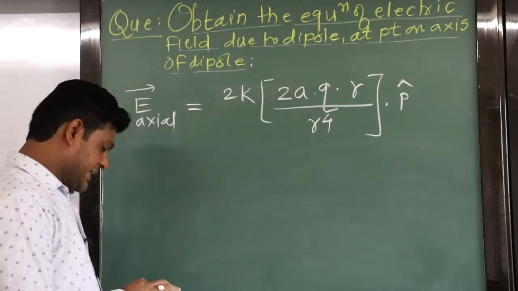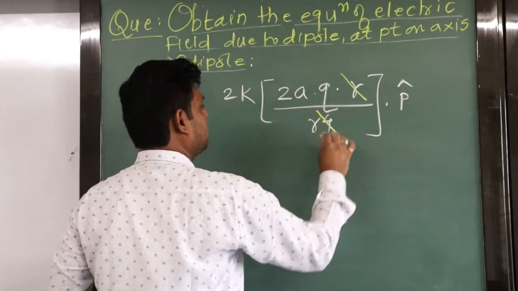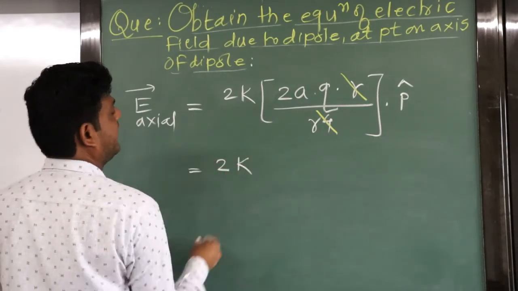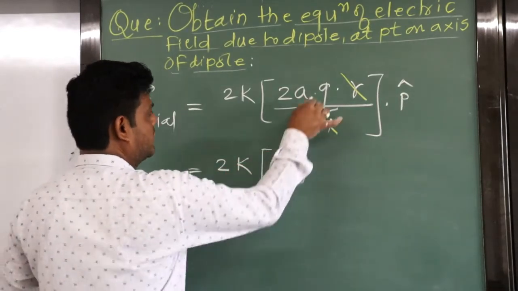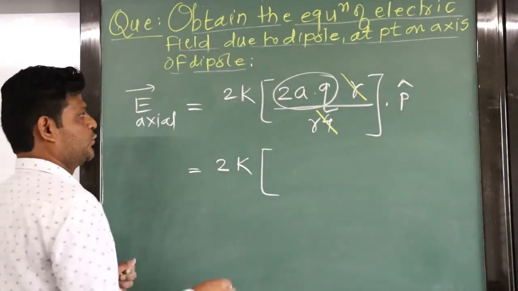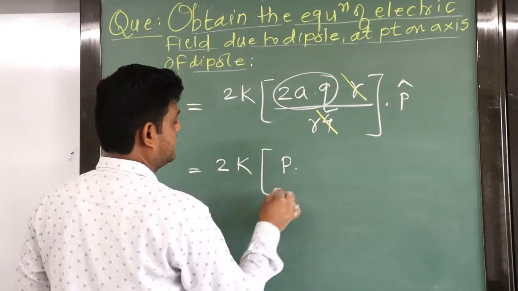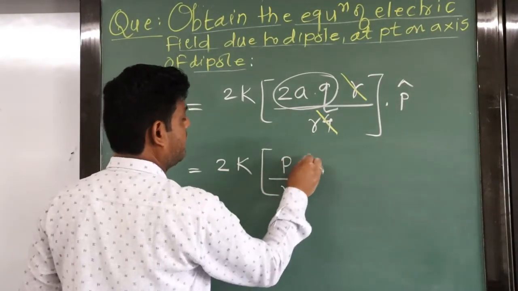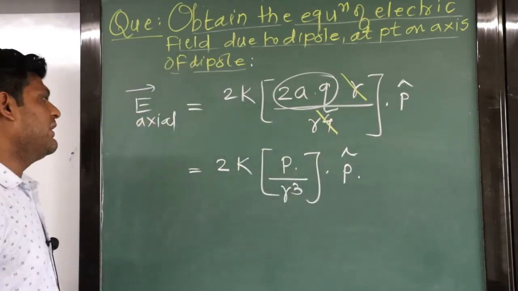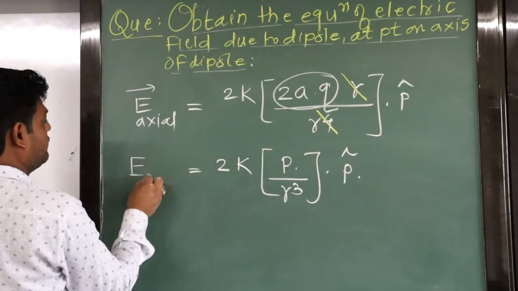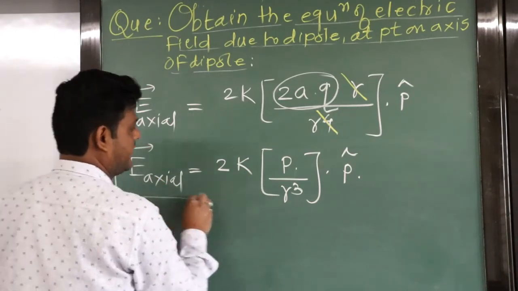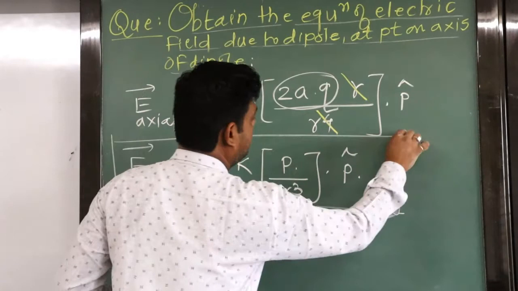So one R gets cancelled, this R gets cancelled. So our equation 2K, right? 2AQ means what? It is the dipole moment. So we will write P divided by R cube into this P cap. This P cap is a unit vector, right?